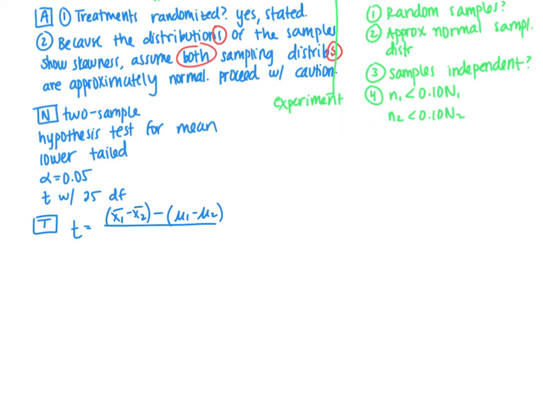It's going to be the square root of s1 squared over n1 plus s2 squared over n2. So that is on your formula sheet. If you can connect the dots a little bit, you should be able to figure out the formula without having to memorize it.